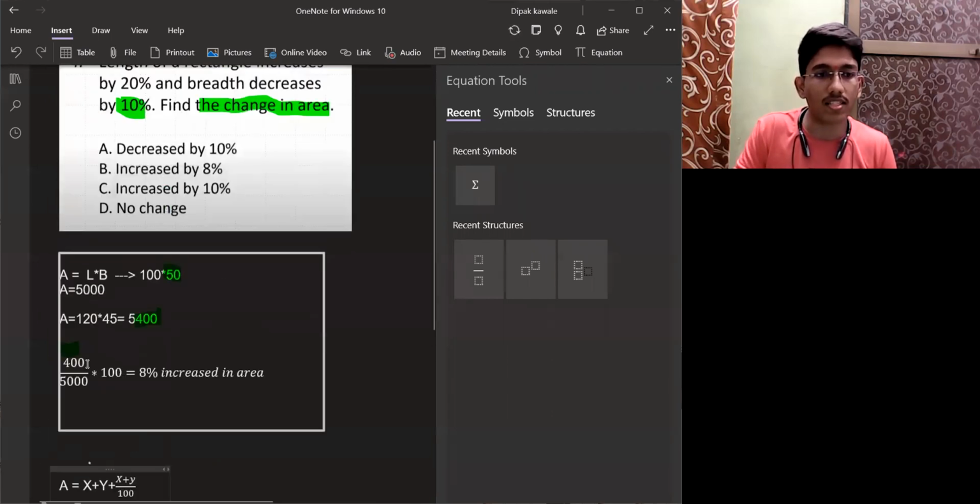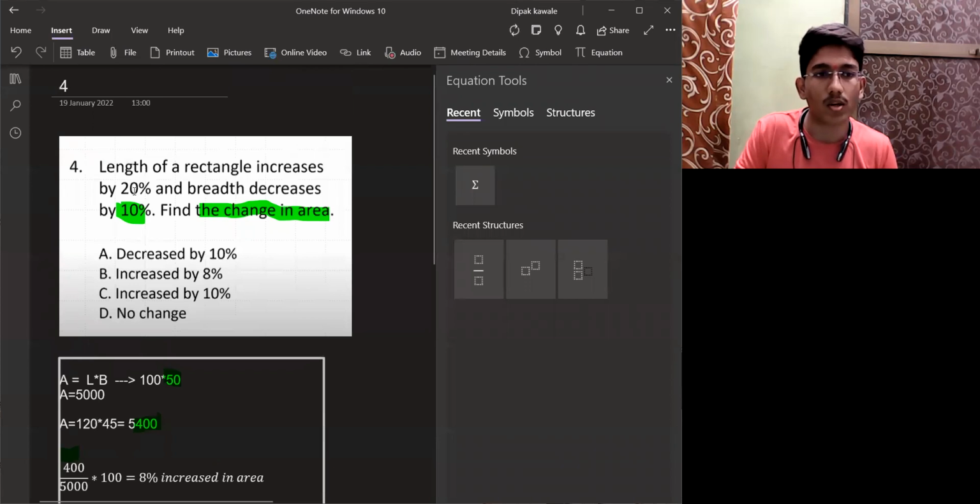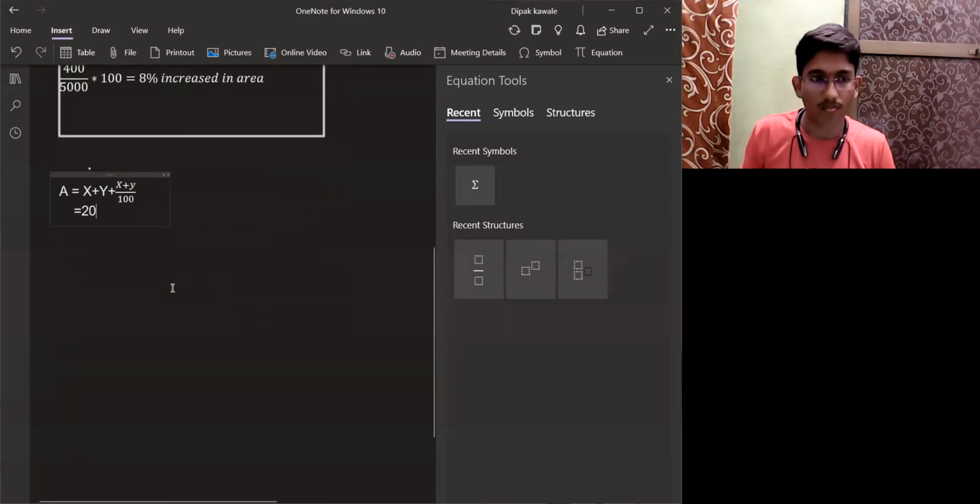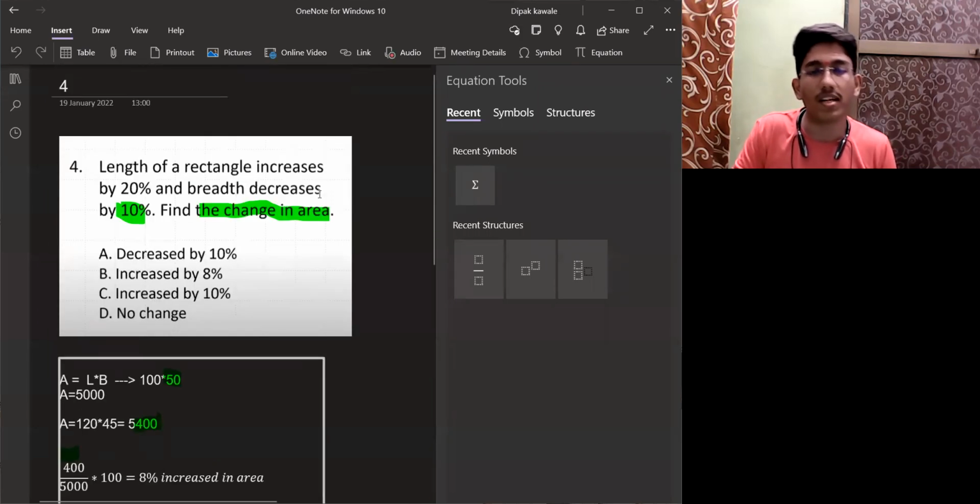Okay, so student, tell me, how much is the length increased? 20%. Now tell me, how much does the breadth increase? No sir, it is not an increase. Here it is saying decrease. Decrease means we are subtracting.